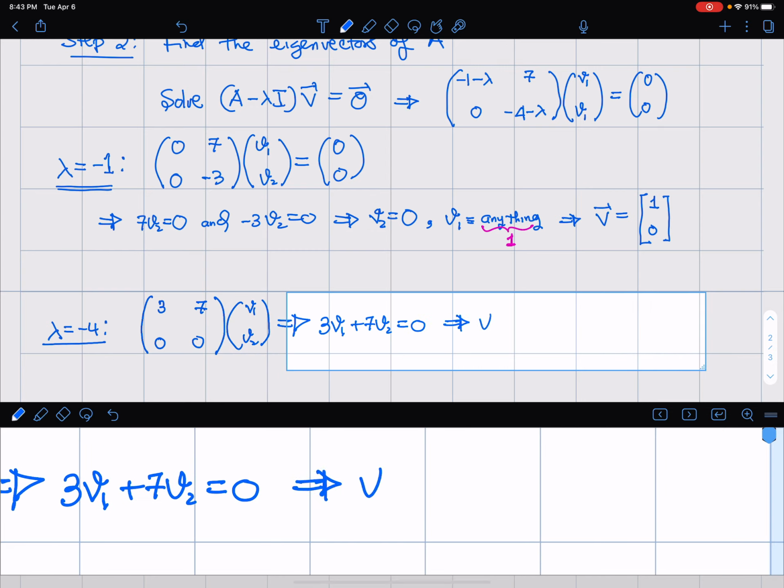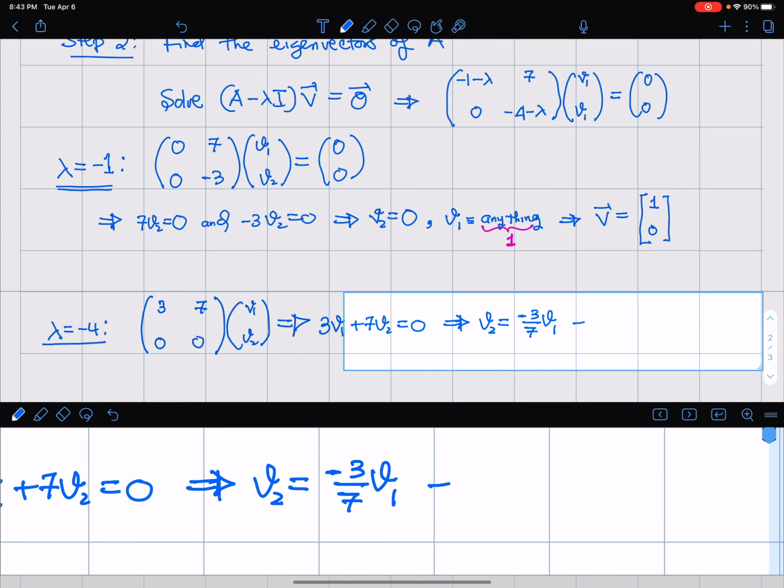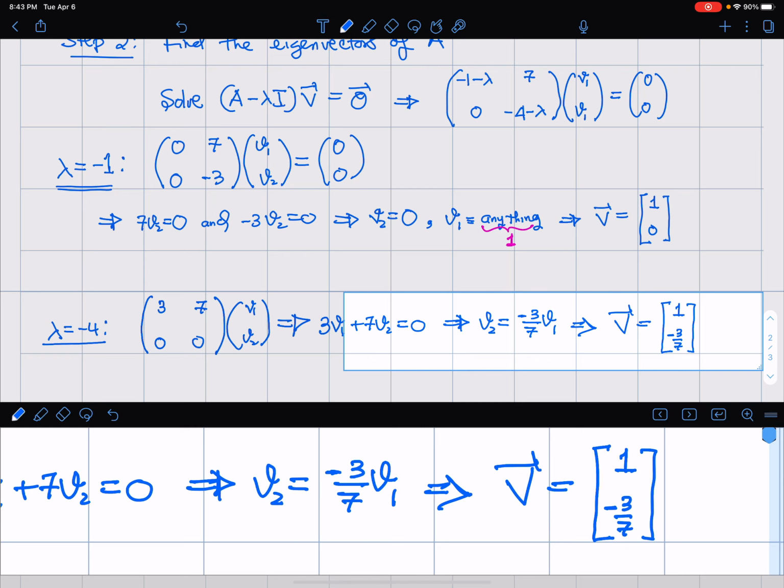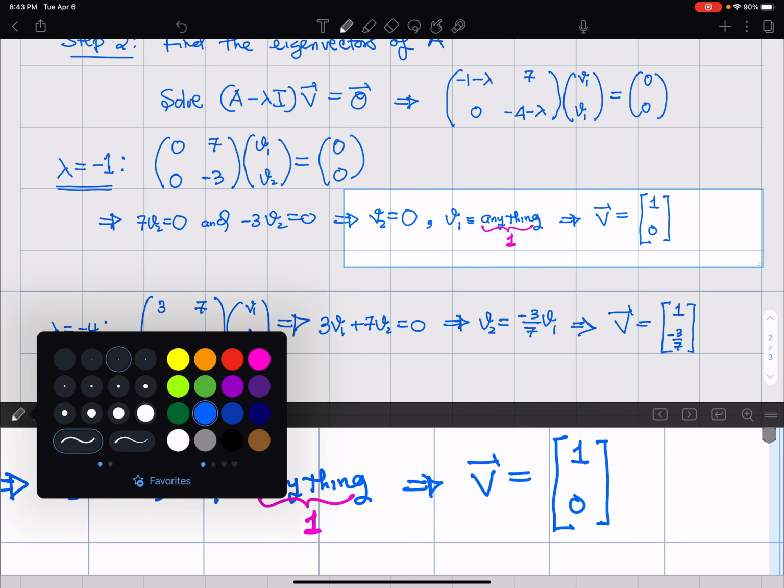This means that V2 is equal to negative 3 over 7 V1. And then our eigenvector in this case is V, if we pick V1 to be 1, and then V2 is negative 3 over 7.